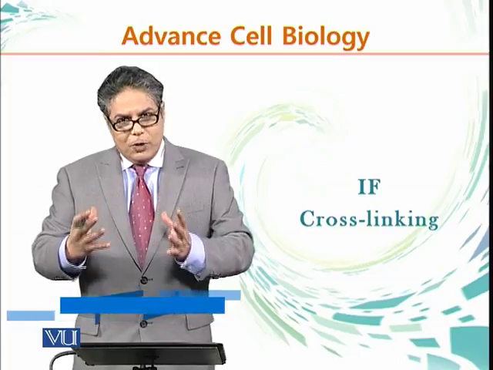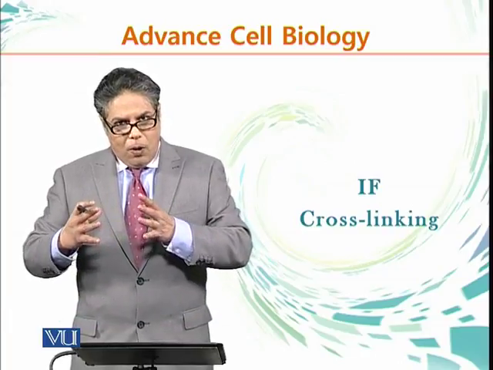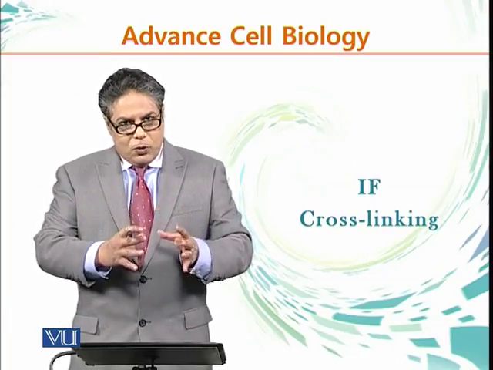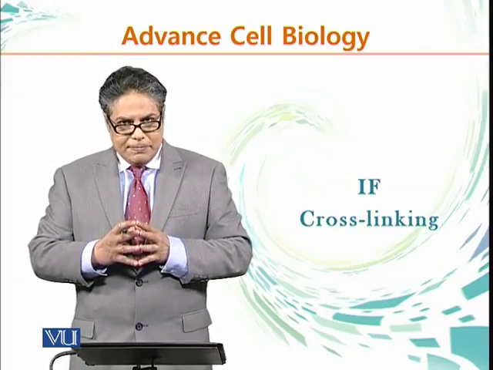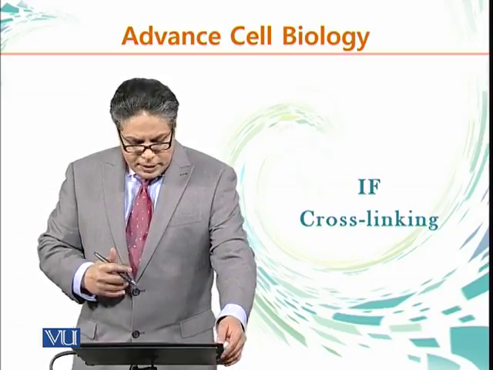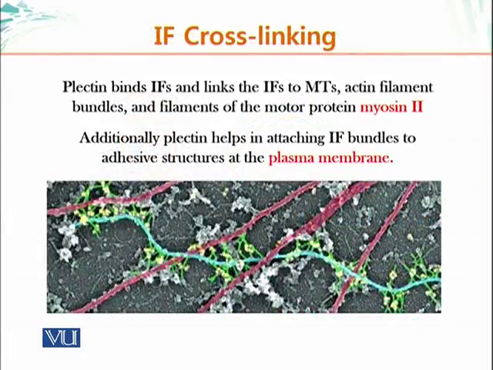cytoskeleton. And as we know, the rest of the cellular organelles are also influenced by the position of these cytoskeletal elements. So let's take a look at this protein. Plectin binds intermediate filaments and links the intermediate filaments to microtubules, actin filament bundles, and filaments of motor protein myosin.